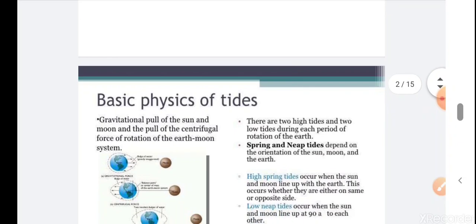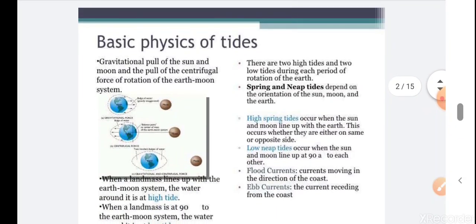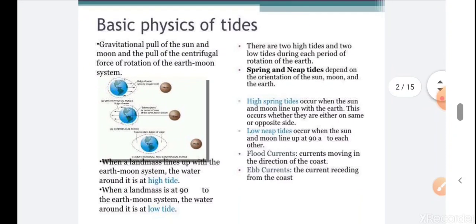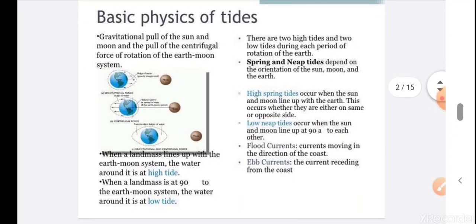So what are tides and what is the basic physics behind the tides? We will discuss it here.